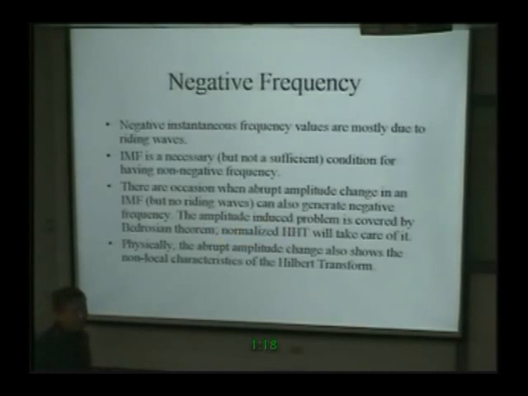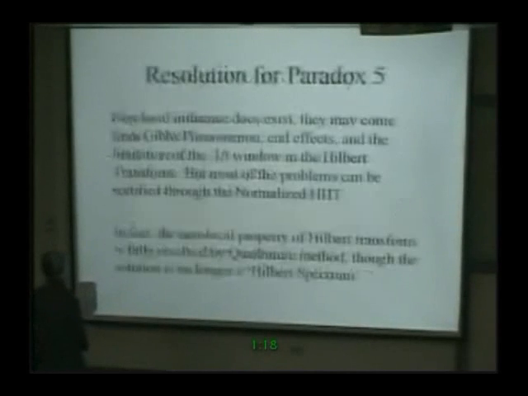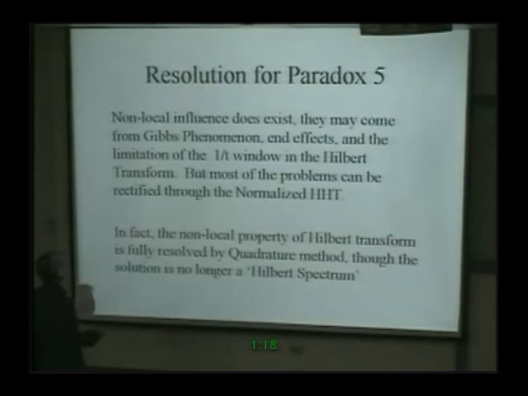So if we have normalization, we will not have this. Physically, this abrupt change of amplitude also shows the non-local characteristic of Hilbert transformation. The Hilbert transformation is not exactly local. That's true.